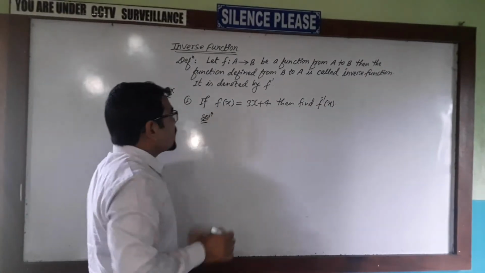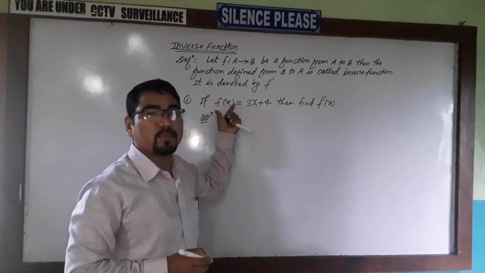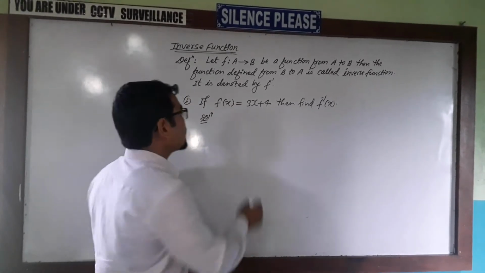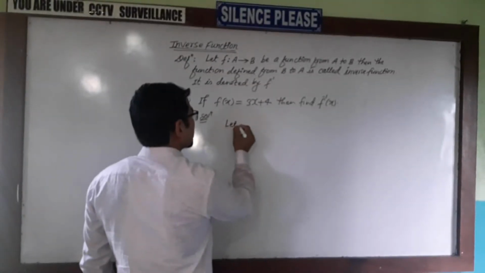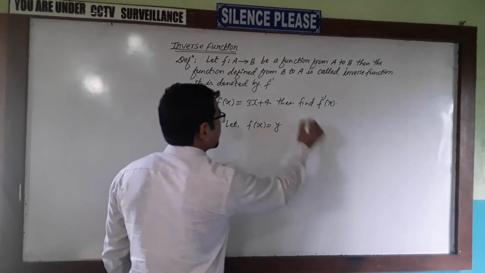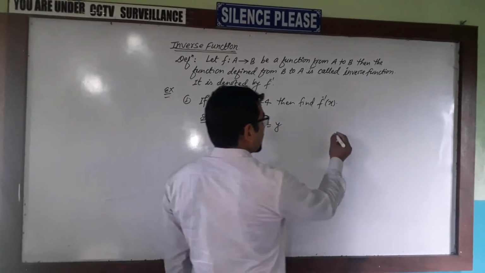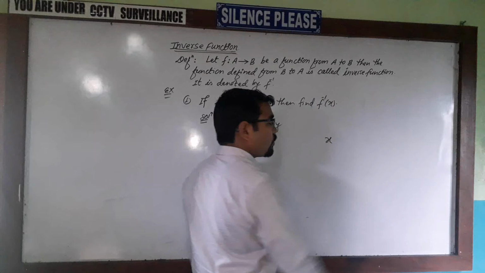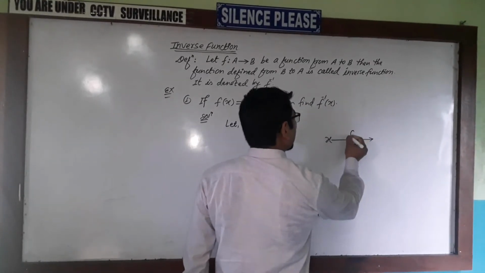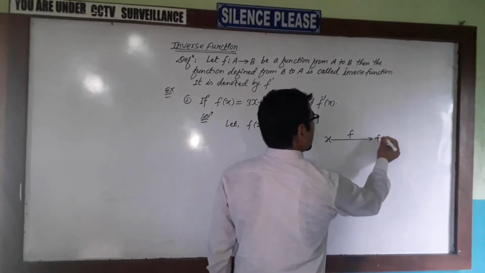First of all, the given function we have to suppose y. Let the function f(x) be y. We can say let f of x is equal to y. Already I said, if x is the input value and we put it into the machine f, then we get f of x.